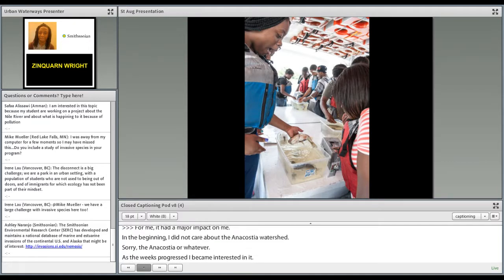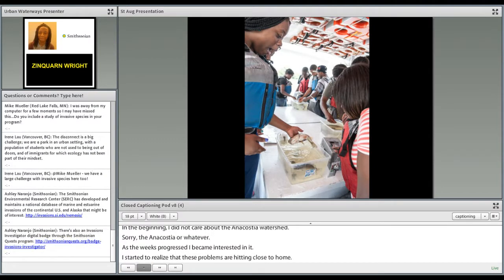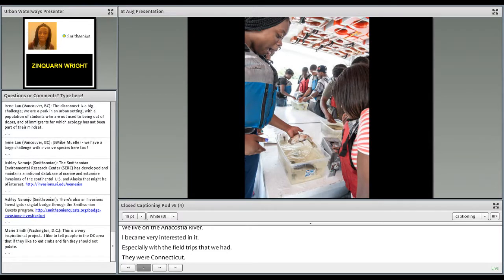Especially with the field trips we had, they were kinetic, so we got to move around and actually experience some of the mutations that the fish, or the marine life, had to suffer. So it made me more aware and more cautious of the things that I'm putting into the environment.